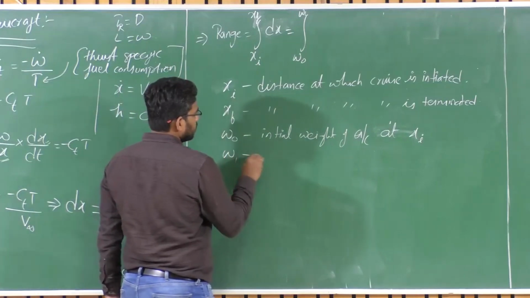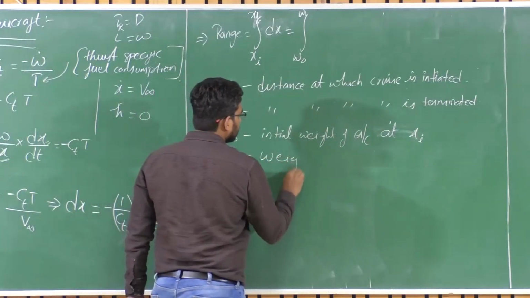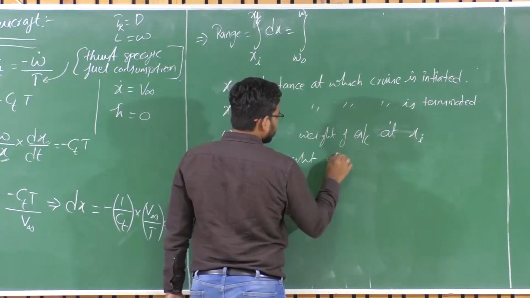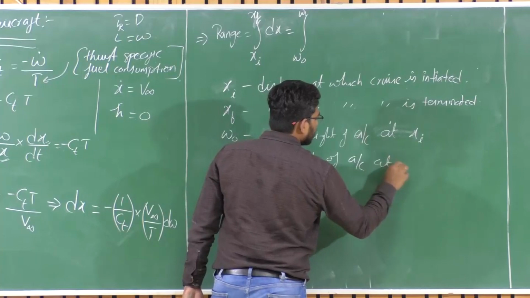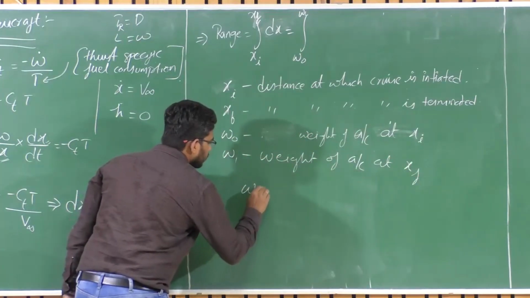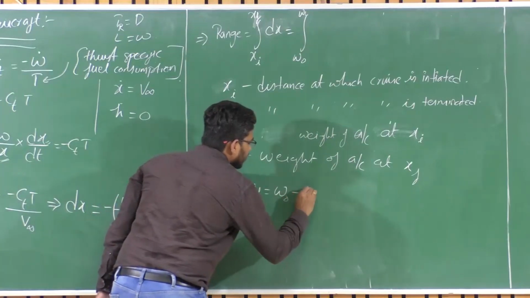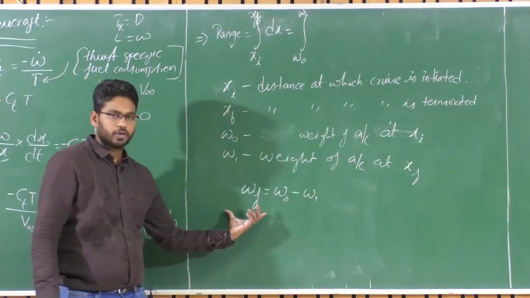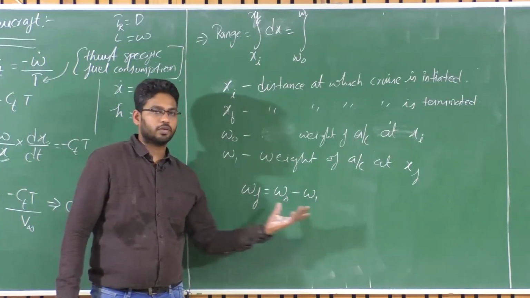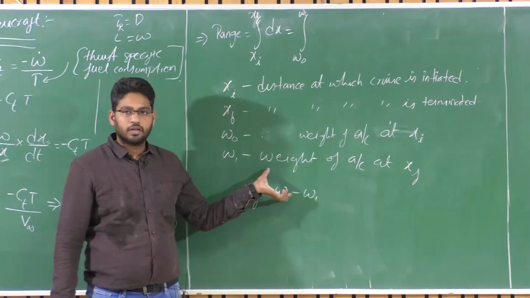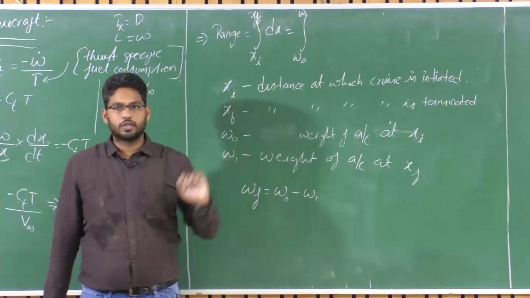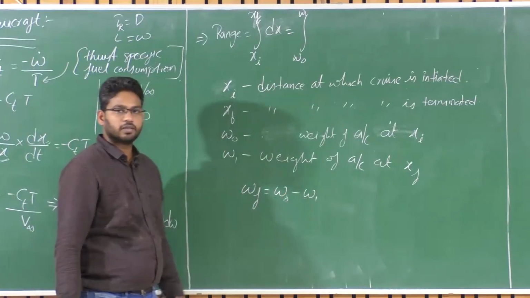W1 is the weight of the aircraft at x final. So the amount of fuel consumed during cruise is W naught minus W1. W naught is the initial weight of the aircraft when the cruise is initiated, and the change in the weight is nothing but the amount of fuel consumed. So that is W naught minus W1.